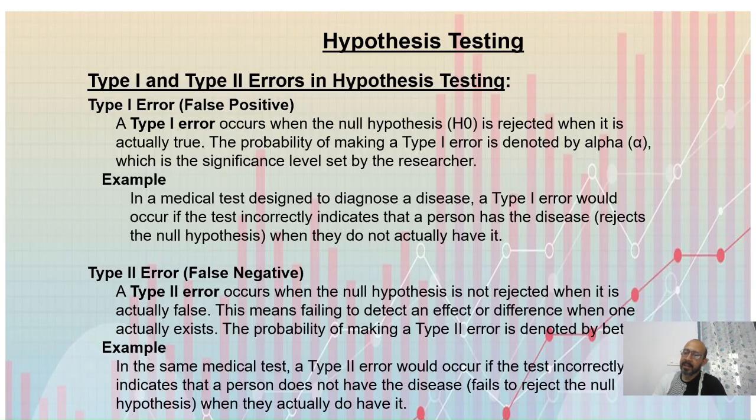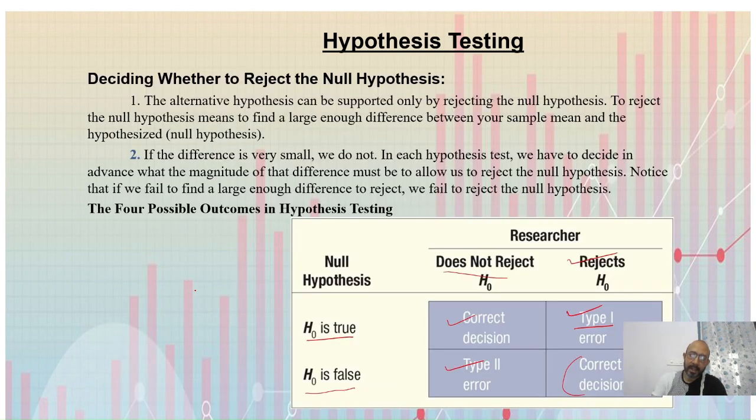I mean, it is reject the null hypothesis. Type 2 error, false negative. A type 2 error occurs when the null hypothesis is not rejected when it is actually false. You can see this one is our type 2 error.